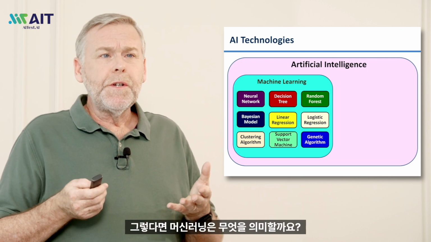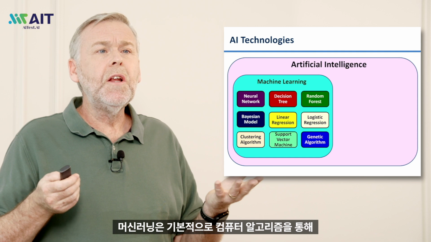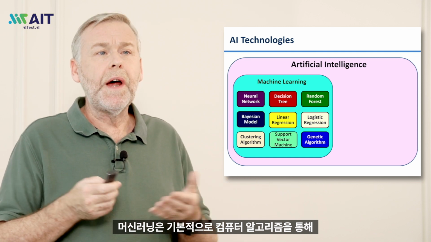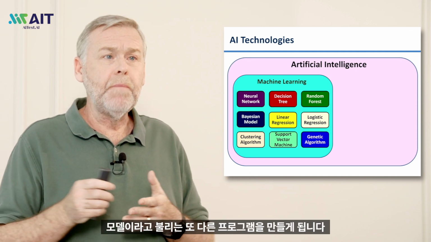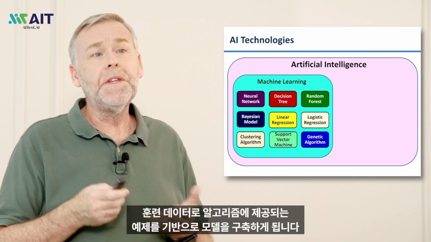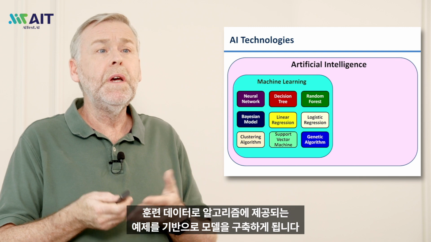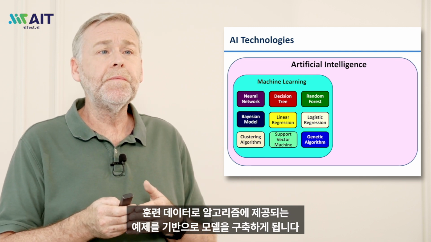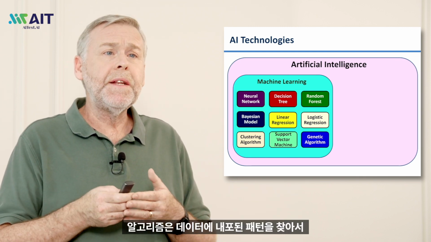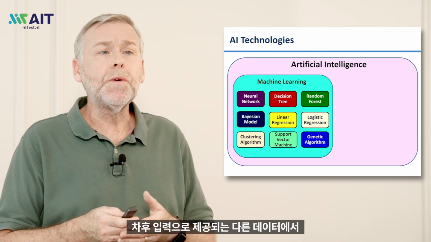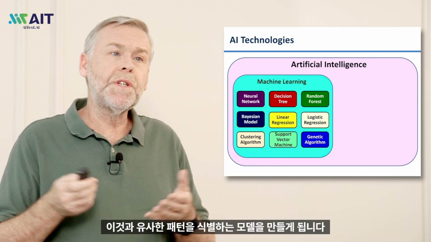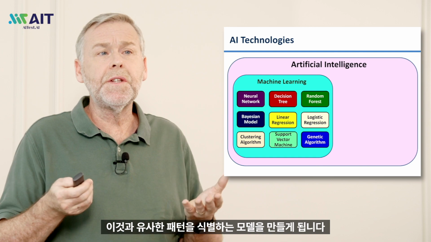So what do we mean by machine learning? Machine learning is based on the use of computer algorithms to build a second program known as the model. This model is built by using examples provided to the algorithm in the form of training data. The algorithm looks for patterns in the data and creates a model that can recognize these or similar patterns in future data fed to it.